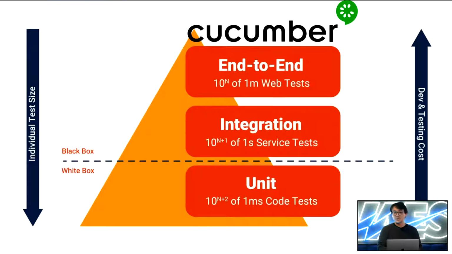So the unit tests are cheap, and they're easy to write, easy to change. You can just have a bunch, and it's easy to run also. So it doesn't take a lot of time to run. And then as we go up, the tests become a little bit more expensive and slower. So in the middle, you have the integration tests. And then on the top, we have the end-to-end tests.